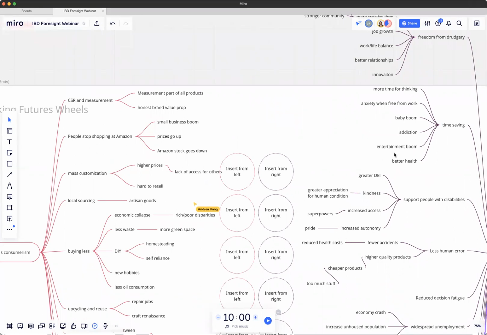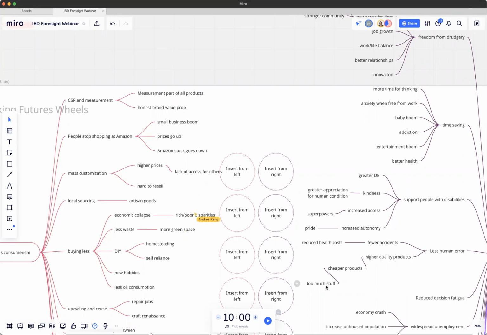The next step in this process is to think about how change across different dimensions or dynamics starts to create connections. So you might say, does homesteading connect to baby boom, or to entertainment boom, or to too much stuff?